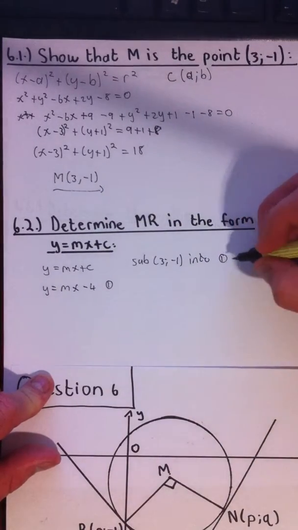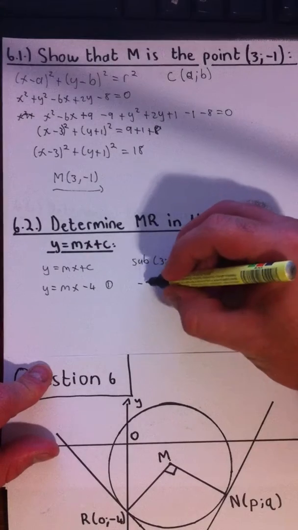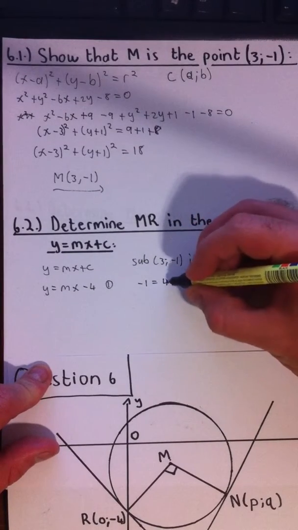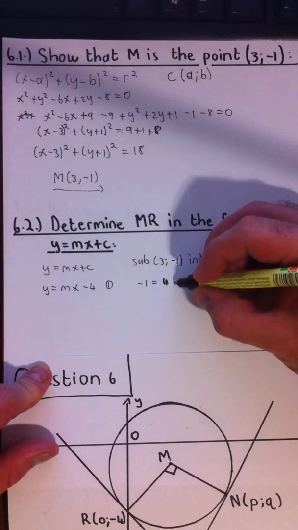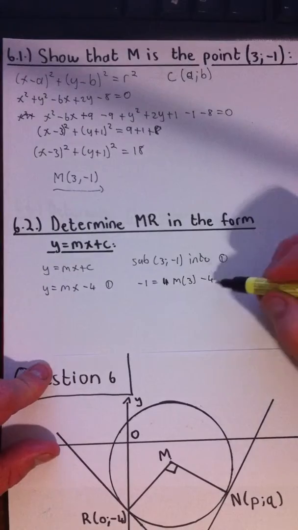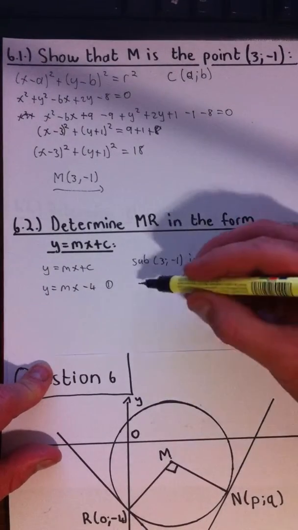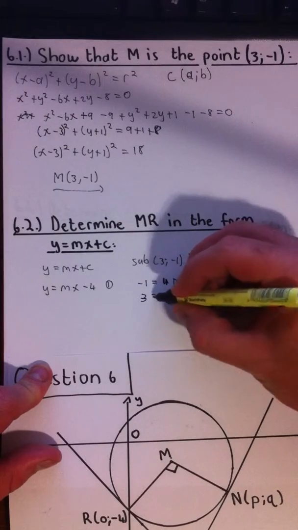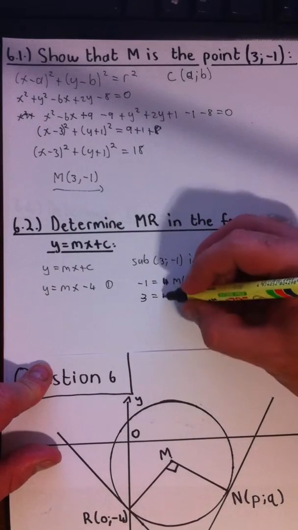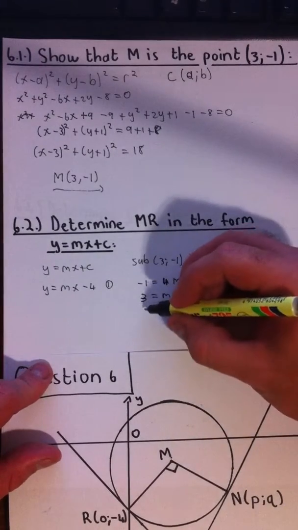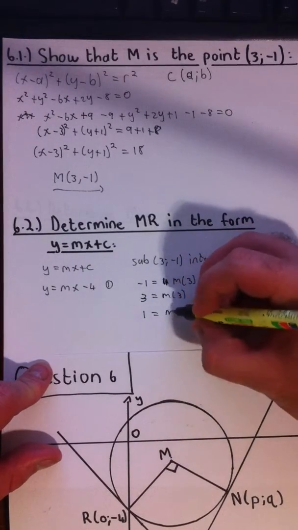Then we get -1 is equal to m times 3 minus 4. Take the -4 to the other side, becomes -1 plus 4, which will give us 3, and that's equal to m times 3. Divide both sides by 3 and we get 3 divided by 3 is 1 equals m.